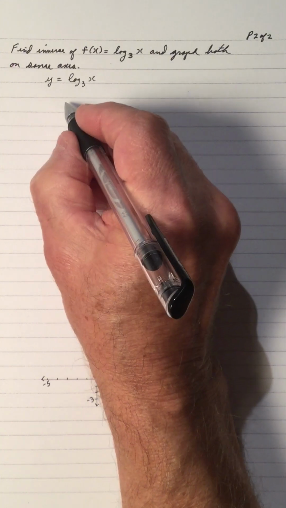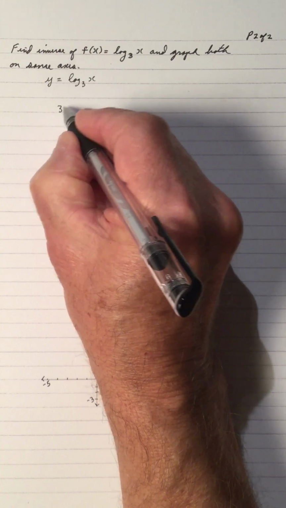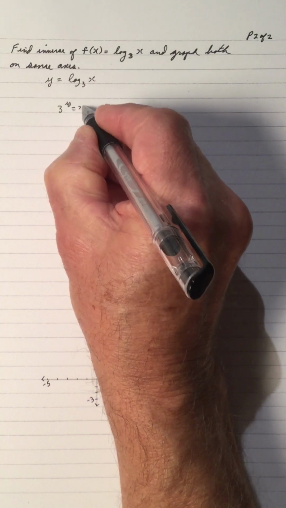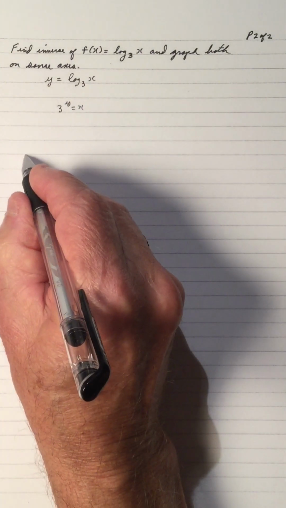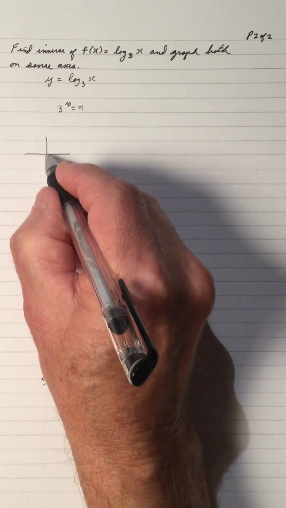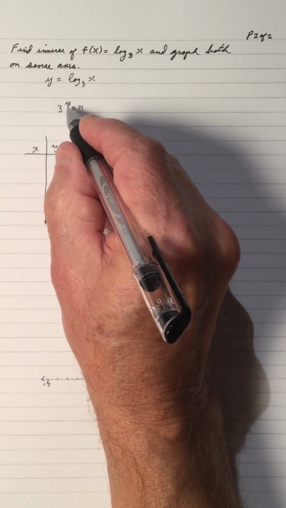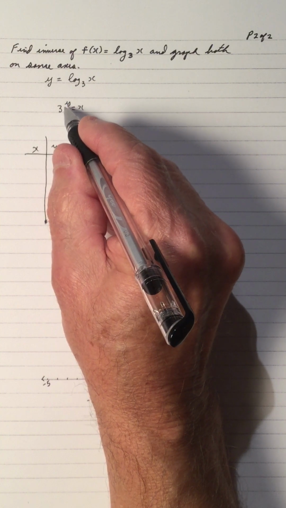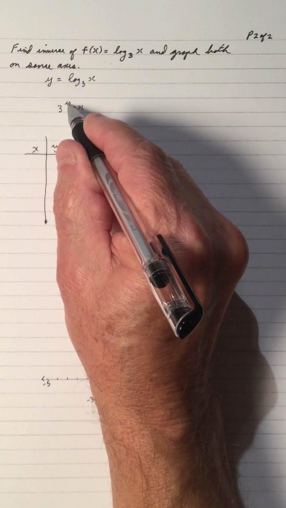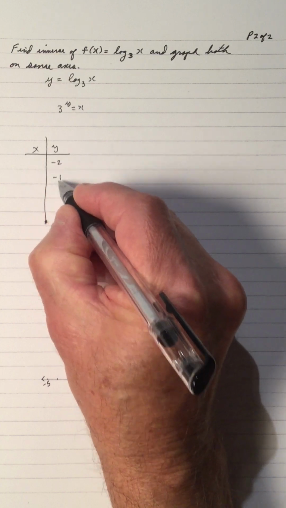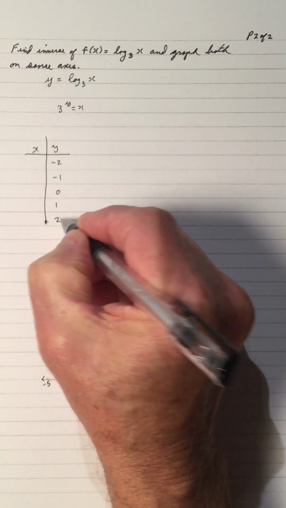We want to graph this, so the base is 3, the exponent is y, and the number is x. Let's do a table of values with x and y. Because this is a log function, y is in the exponent, so I'll fill in the y values first: -2, -1, 0, 1, 2.